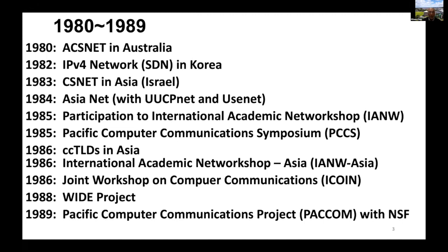And in 1982 in Korea, we thought about several things. Then eventually we decided to select TCP/IP. We started developing a TCP/IP network, and it became operational in May 1982. Then in 1983, actually, CSNET started in Asia, if you count Israel as a part of Asia.